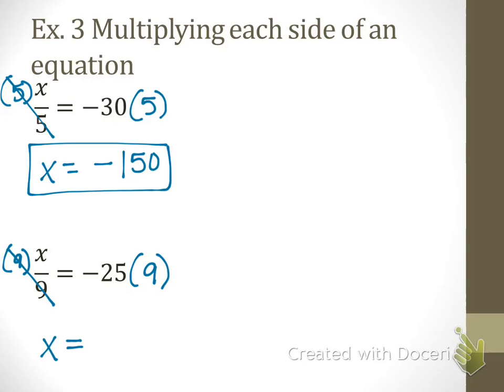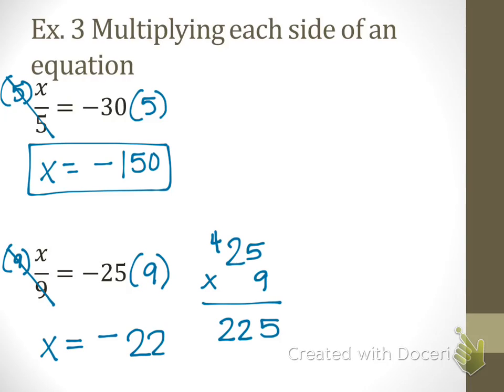Who can tell me what 25 times 9 is? Anybody know? I know it's going to be a negative. All right, let's do it out the long way. 25 times 9. 9 times 5 is 45. 9 times 2 is 18 plus 4 is 22. So 225 is my answer. Okay?